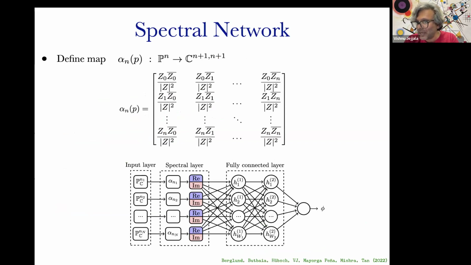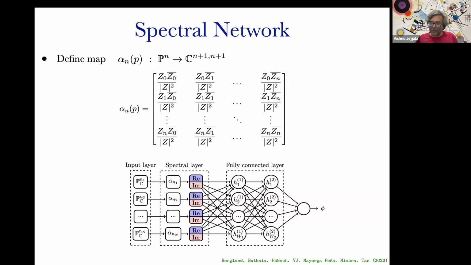The spectral network takes points and gives us a matrix of functions, and we use this matrix at each point as the training data set to learn this function phi, which will give us a flat metric via the loss function for the network.